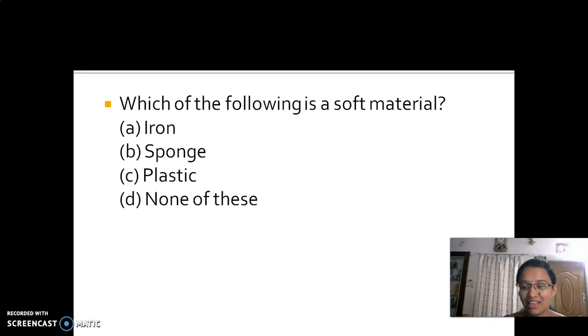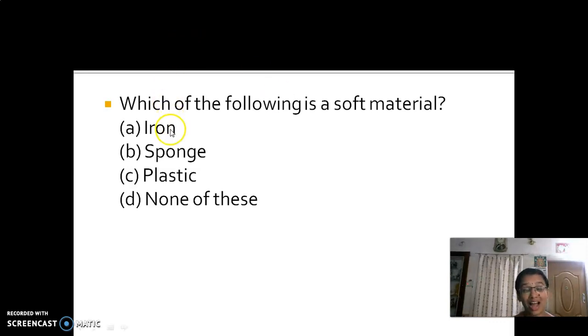If I am beating on a sponge, does it get compressed or not? Soft materials we are able to compress easily, but hard materials we are not able to compress easily.